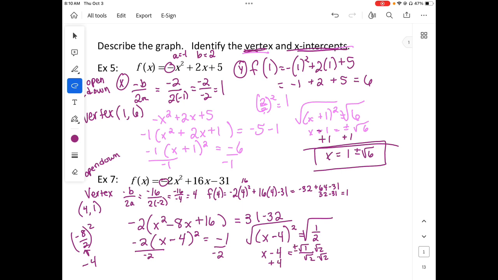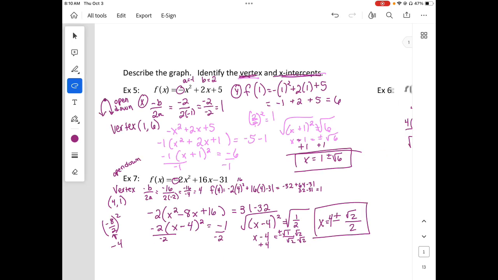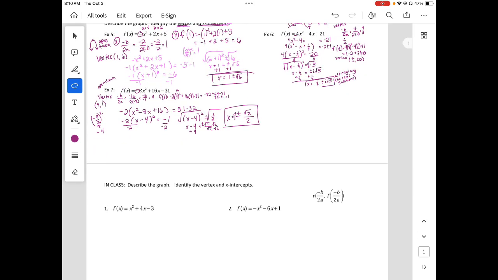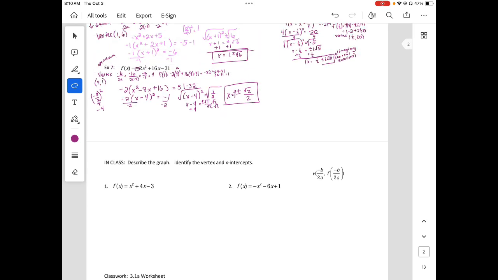And we have the plus or minus. So x equals 4 plus or minus square root of 2 over 2. And we can leave it like that. So we have the two solutions. All right, so make sure that we're ready to do these two problems in class.